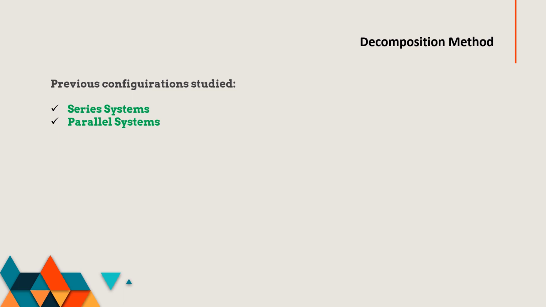In the past, we have already looked at engineering systems that are series in configuration, engineering systems that are parallel in configuration. We have also looked at series-parallel and all those kinds of things. And we looked at how to evaluate the reliability of each of these systems.